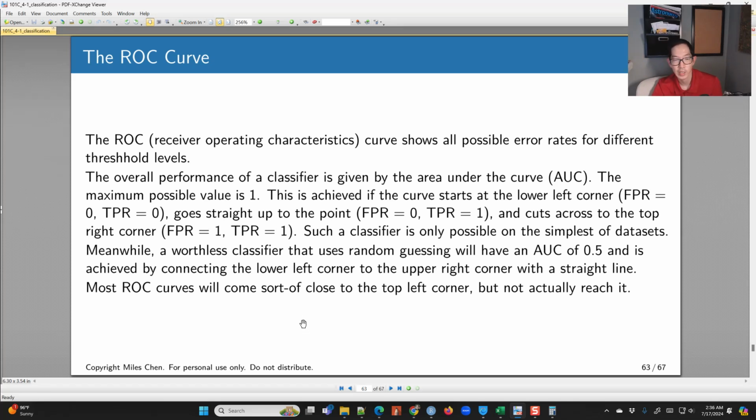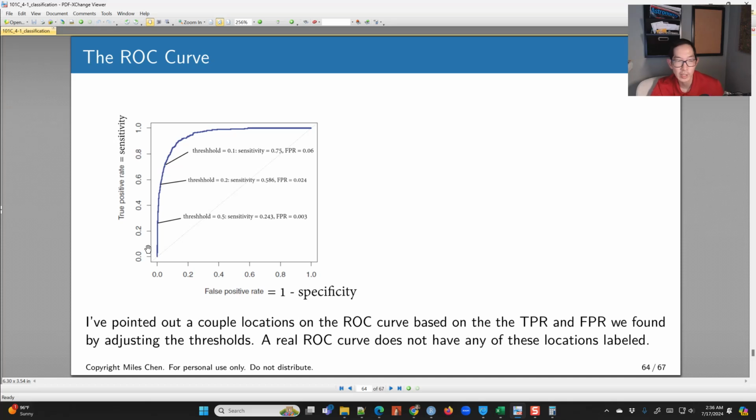For something like this, we have an ROC curve looking like this. Here we have the false positive rate, which is 1 minus our specificity, and the true positive rate, which is our sensitivity. What we saw is that with a threshold of 0.5, our sensitivity was 0.243 and our false positive rate was 0.003.